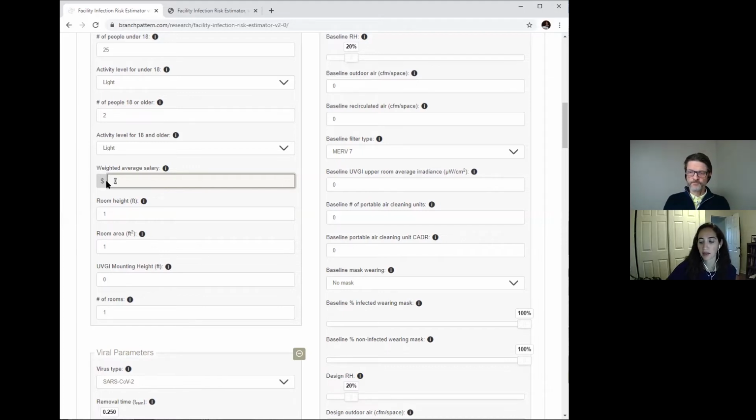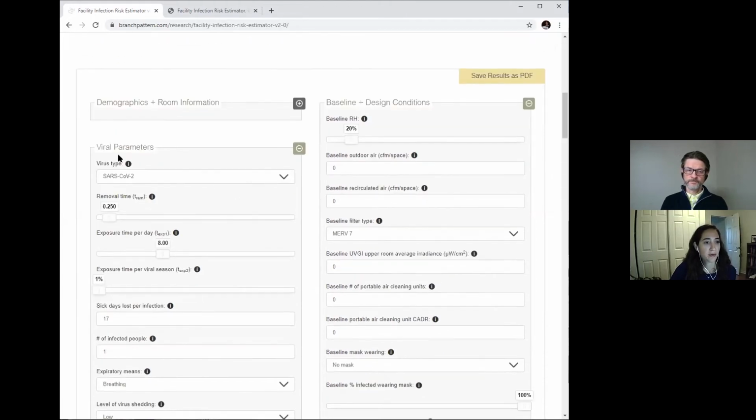So if you put 55,000 as an average salary of the adults in this space, we'll see those results coming down. Okay, our room height is 9-foot ceilings and our area is 1,000 square foot classrooms, no UVGI, and we'll have 15 classrooms in the building.